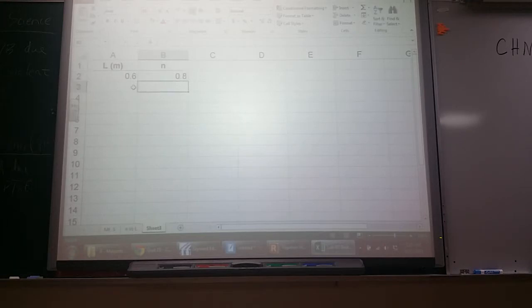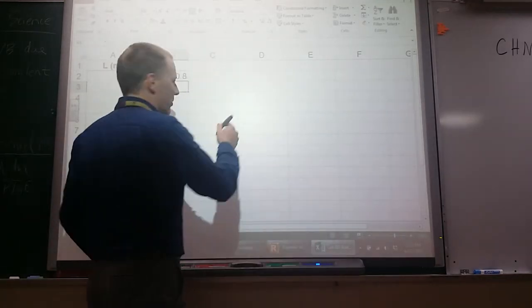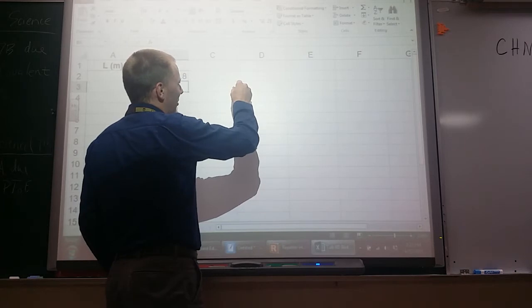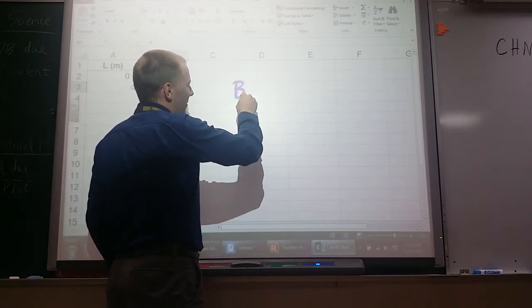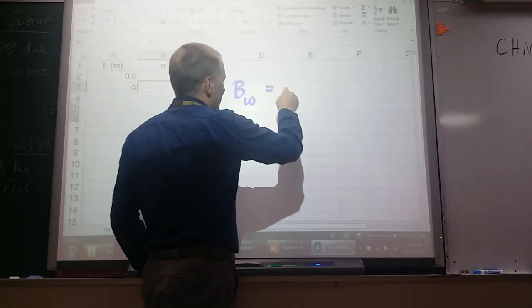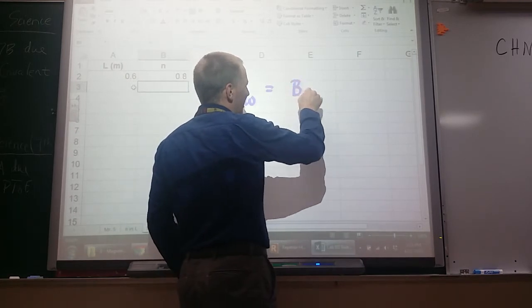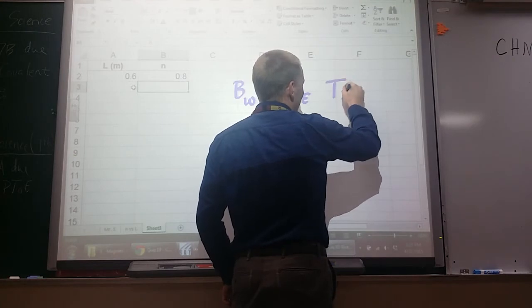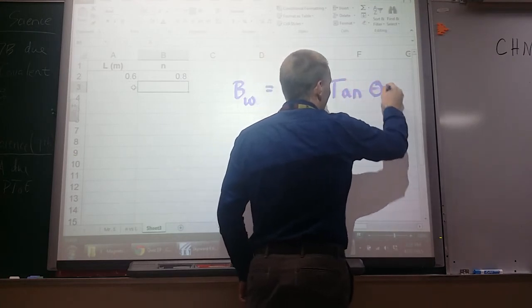All of these had a form something like this. Remember when I had you calculate this, we found the magnetic field from the wire is equal to the magnetic field from Earth, which we don't really care what the value is, times the tangent of theta.